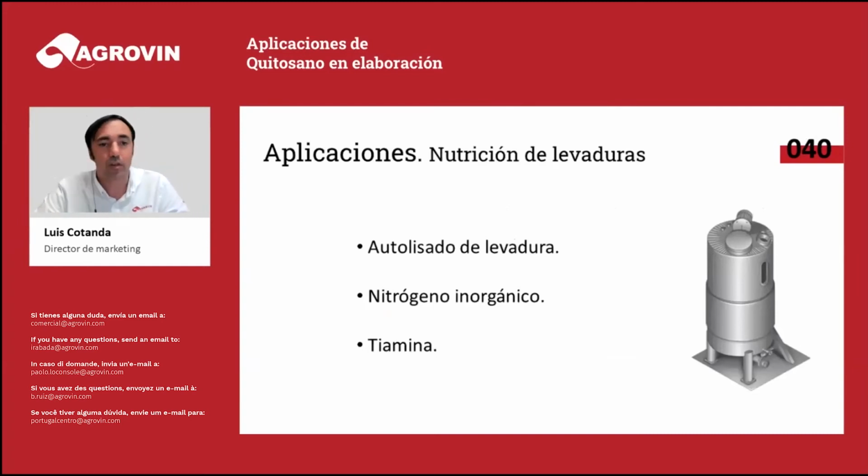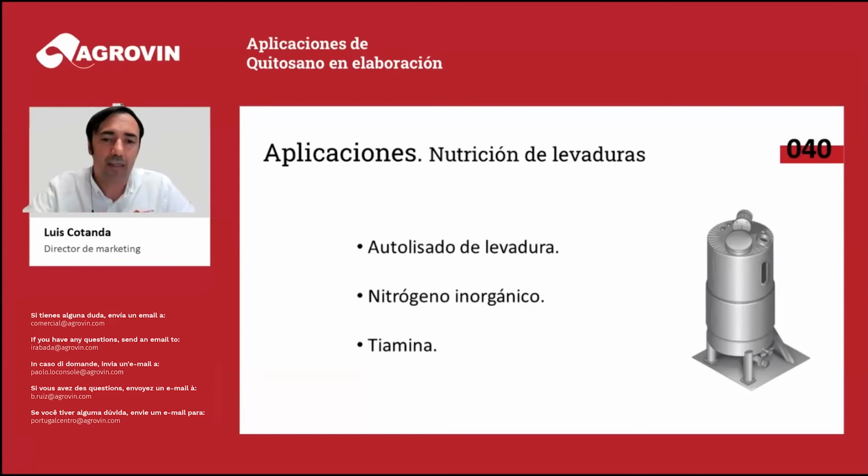some nutrients specific for nurturing this type of intensive systems have been designed, including autolysis of yeasts and a source of inorganic nitrogen, because we need this nitrogen to be incorporated very rapidly.